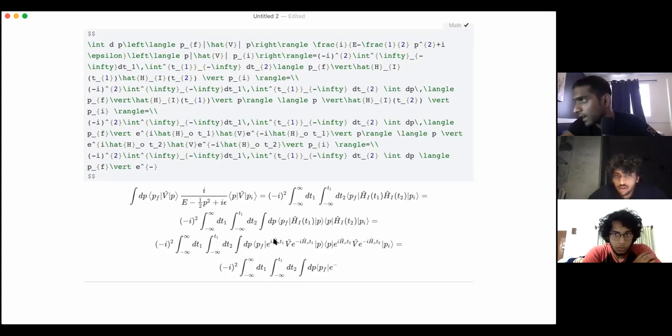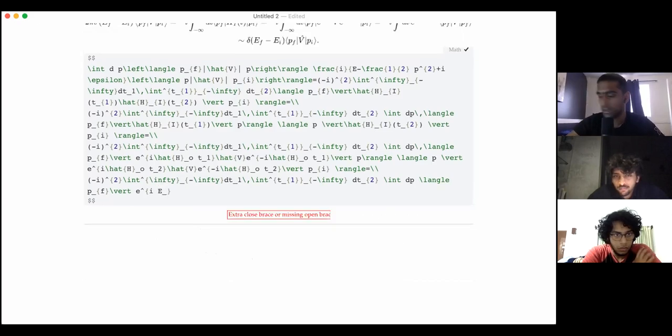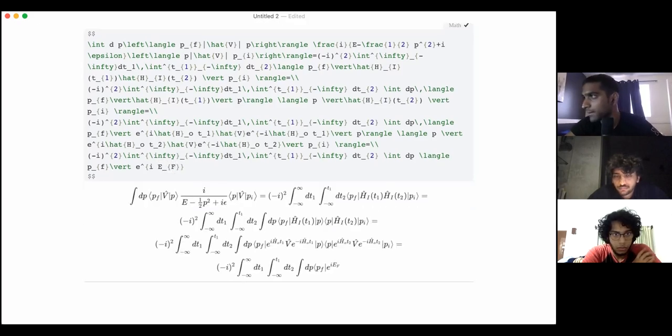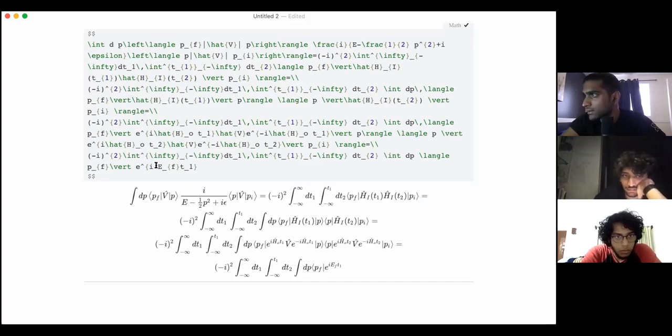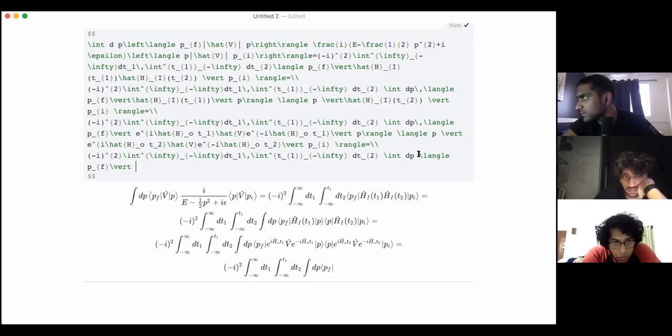So here we have i E_F t1, right? Put it here.